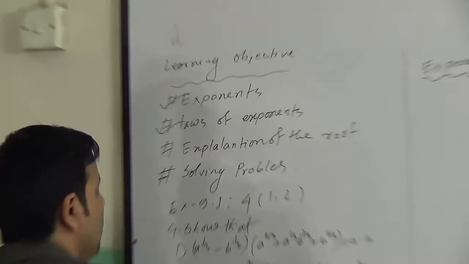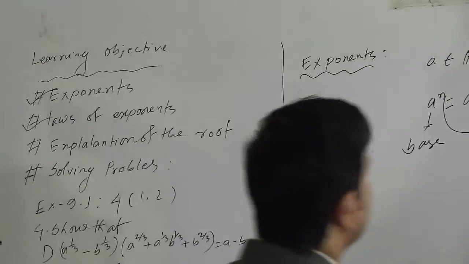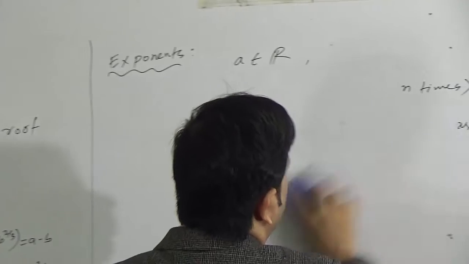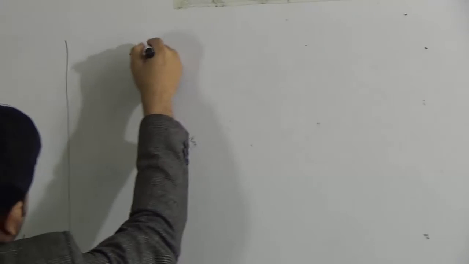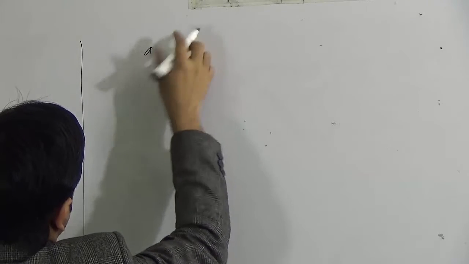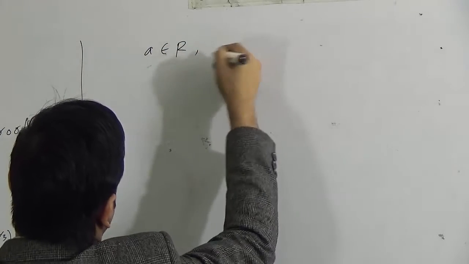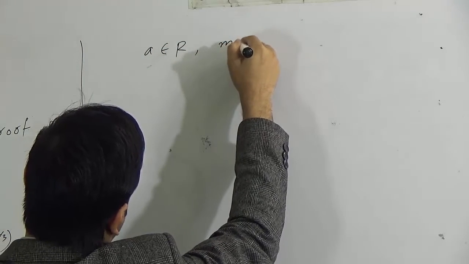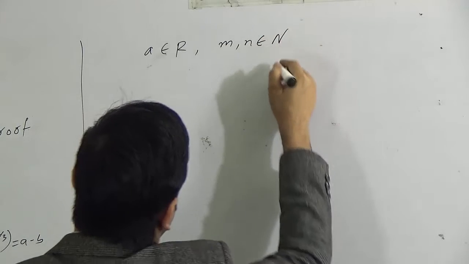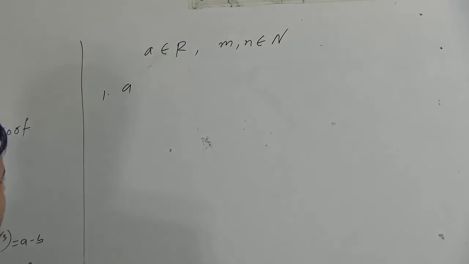Now next topic, laws of exponents. Dear students, in this case we'll learn some laws of exponents. The laws are, at first, if a belongs to R, and m, n belong to N, in that case we can write some laws.